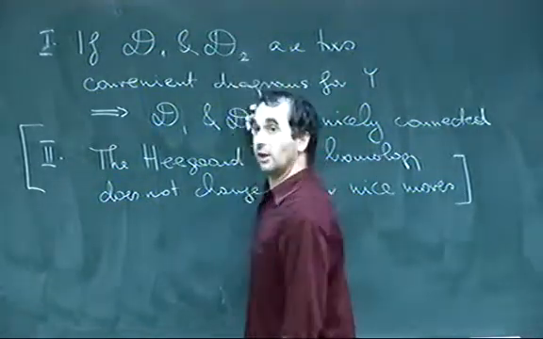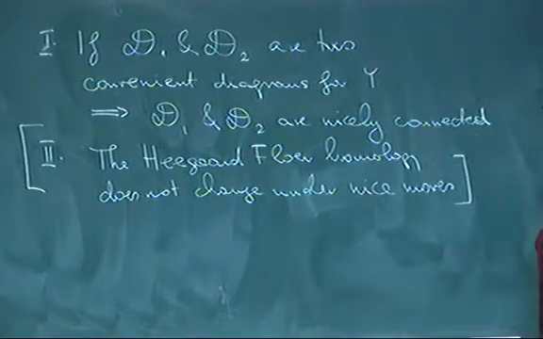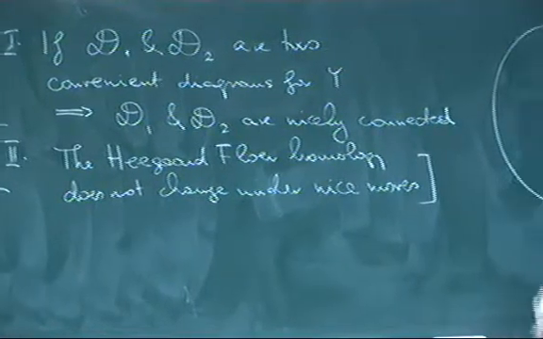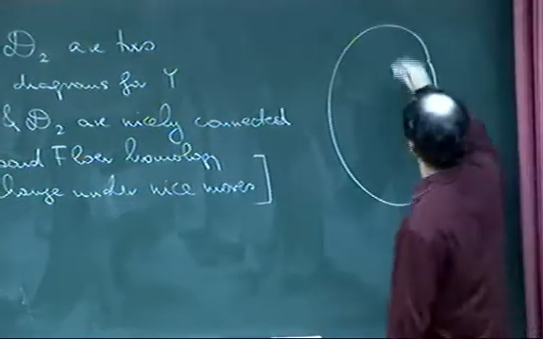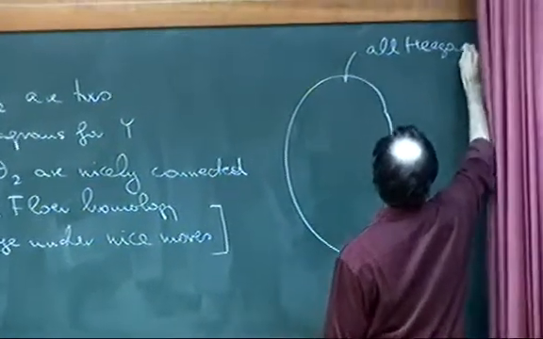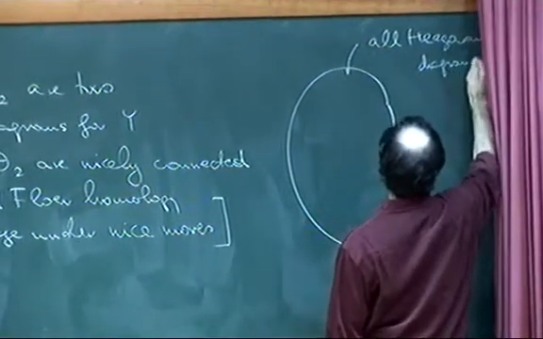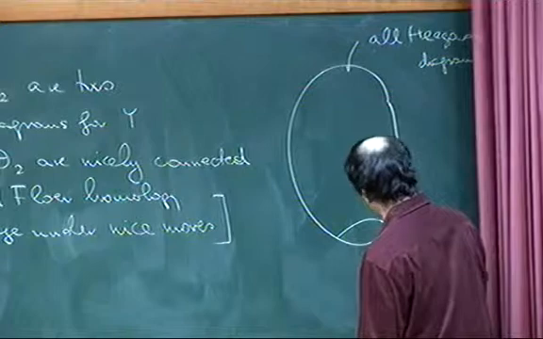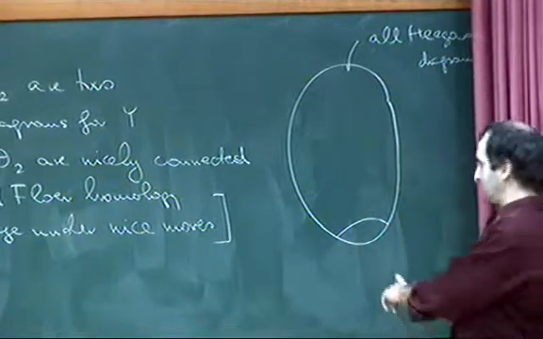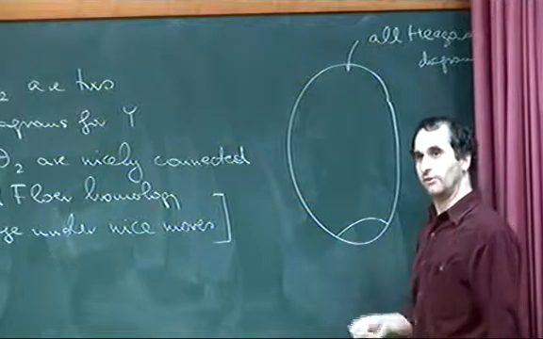This is a little harder, and let me just give you sort of a diagrammatic explanation. So this potato is supposed to indicate all Heegaard diagrams of Y. So all Heegaard diagrams. There is this very little sub-potato. These are the Heegaard diagrams I constructed yesterday, coming from the branched cover construction.